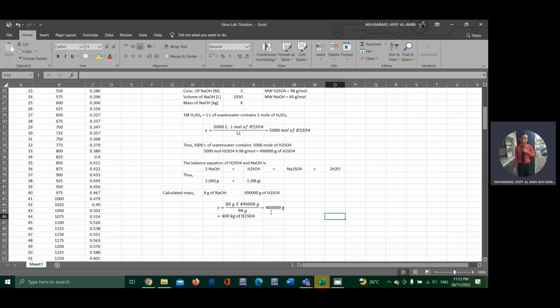So we got 400,000 gram, which when we converted in kilogram, we got 400 kilogram of NaOH, which is the mass that is required for neutralizing the 5 meter cubic of acidic wastewater.